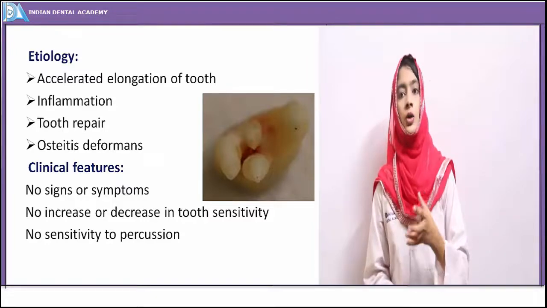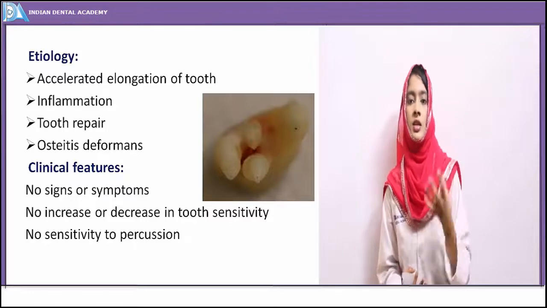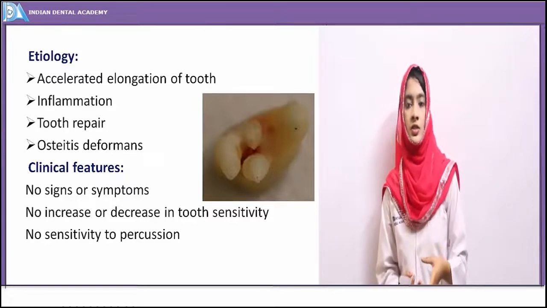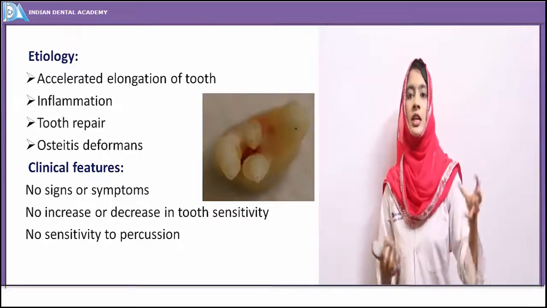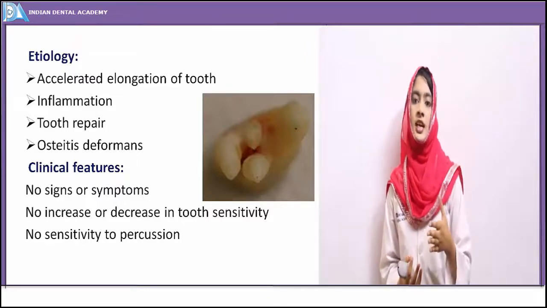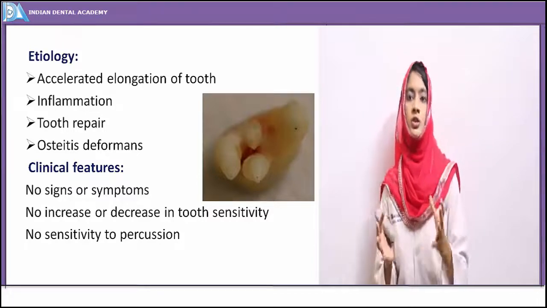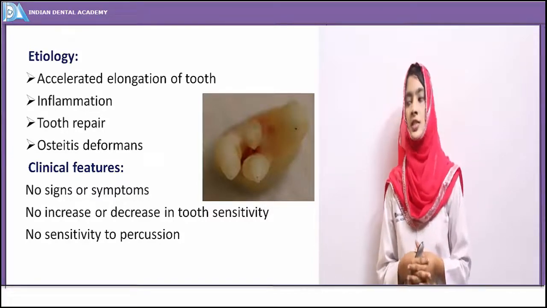And whenever heavy occlusal forces are applied to the tooth, the tooth tends to repair by activation of cementoblasts, which lead to deposition of cementum on the root surface.